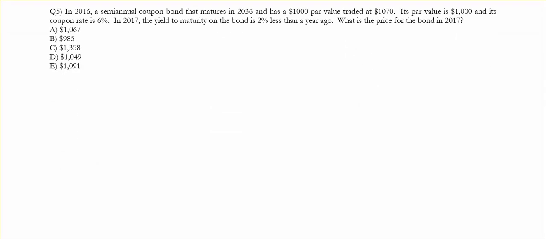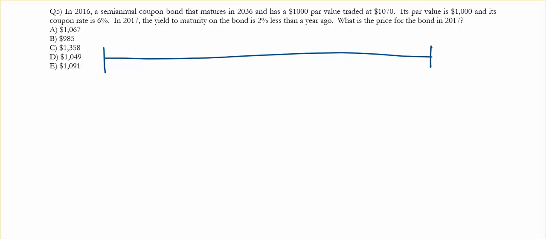Question 5. This question has lots of parts to it, and as always, make the timeline, and then you'll find that it might not be as bad as you first thought.